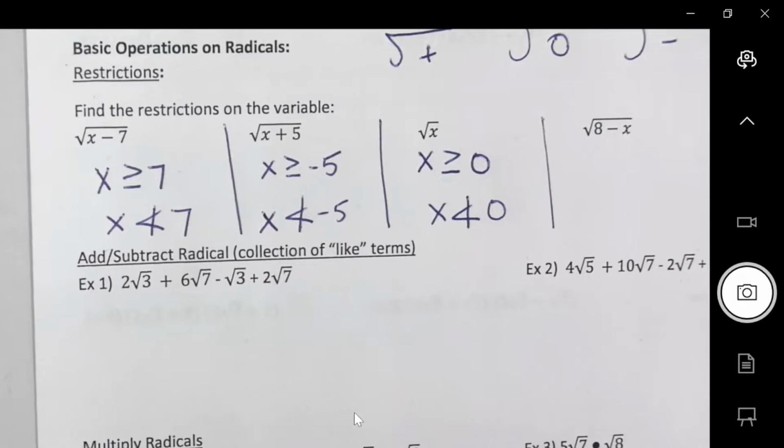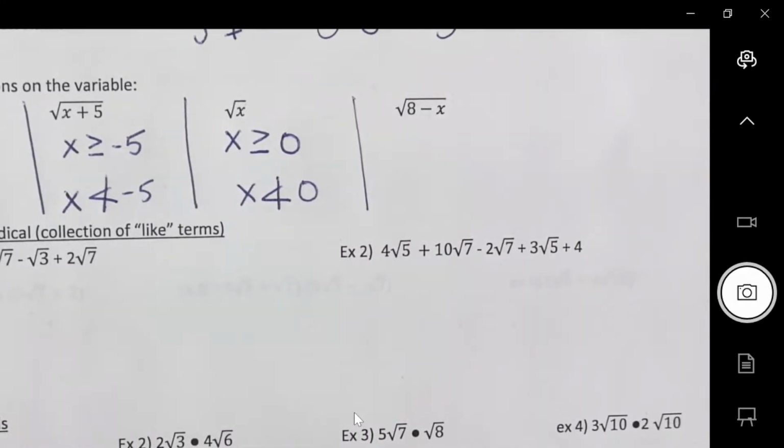Okay, on the last one, it's a little bit different. Think about a value that is good. 6 would be good. 7 is good. Because 8 minus 6 is still positive. 8 minus 7, that's positive. What's a number that would be bad? 9. 8 minus 9 is bad.